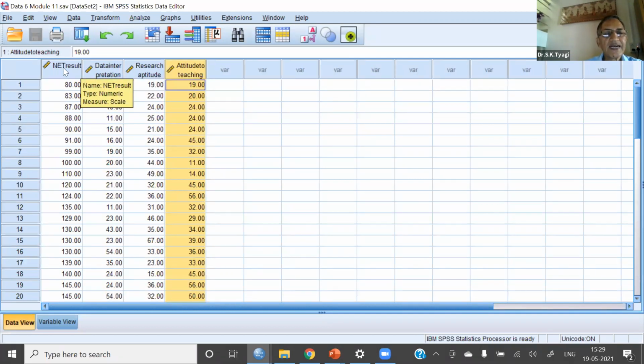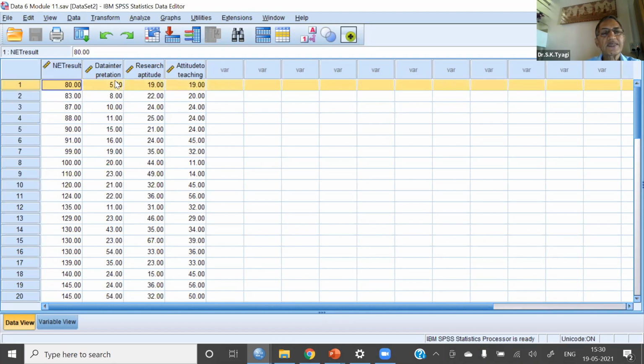And this is the UGC NET result, suppose marks in the form of score. 80 is the score of student number 1; data interpretation score is 5, research aptitude is 19, attitude towards teaching is 19. Similarly, number 2 has the result score and the three component scores. Okay, this is not the sum of these. In that exam, this may be some of these.